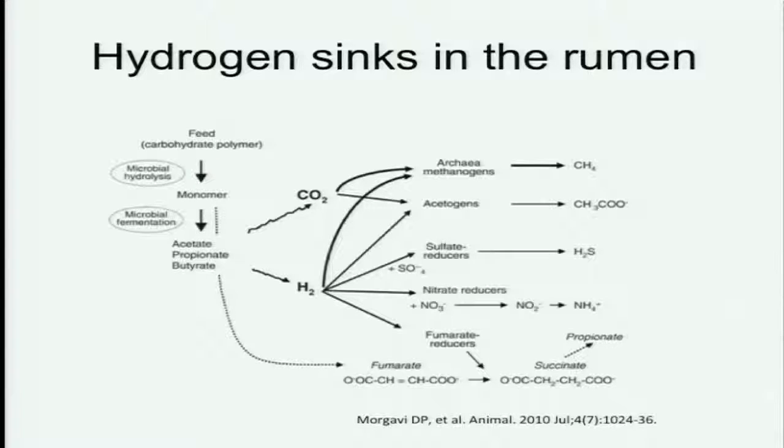The other option is nitrate reducers, but nitrate reducers actually reduce nitrate to nitrite and ammonia, and nitrite accumulation can lead to nitrate toxicity inside the animal. So a good viable strategy would be to try to see if we can increase propionate production inside the rumen to increase animal performance and decrease methanogenesis.